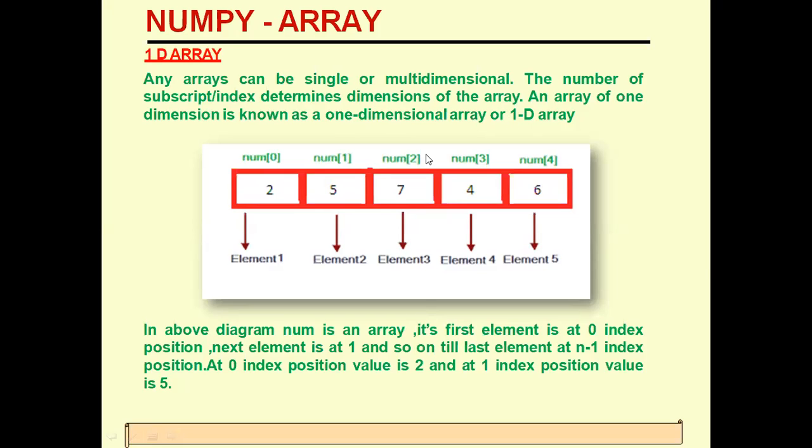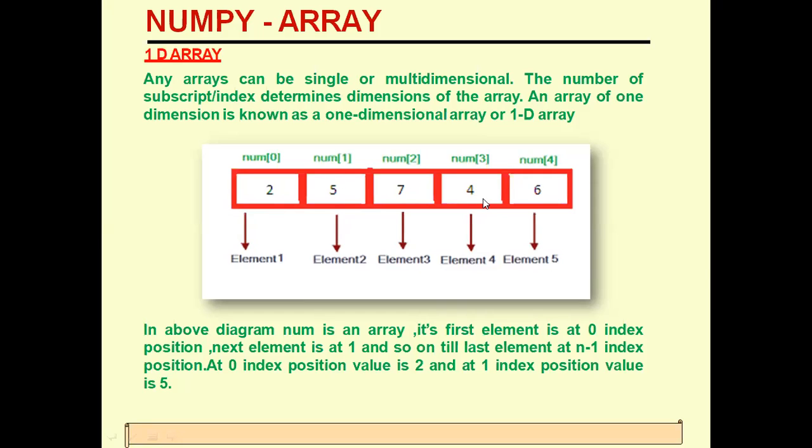See, this is an example of 1D. In 1D, you have to specify the length of the values, how many elements you want to put in it. So see here, 2, 5, 7, 4, 6. These are different values stored in computer memory.